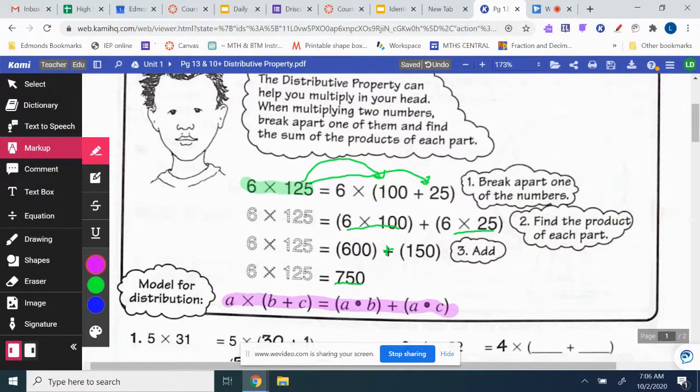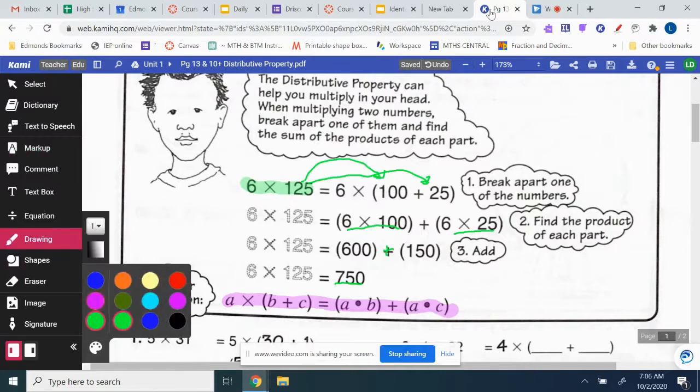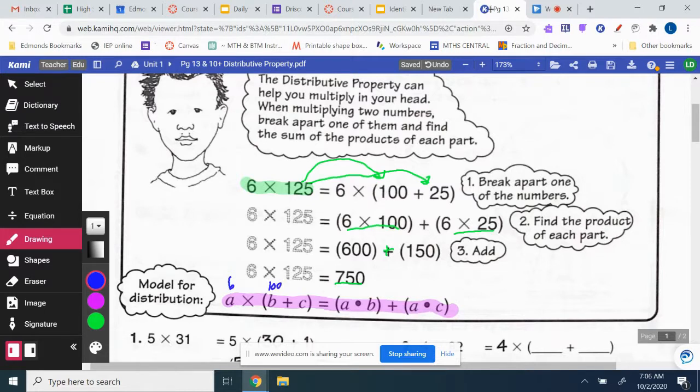So if we were to write this with numbers, we'd have 6 times (100 plus 25) equals 6 times 100 plus 6 times 25. And it's going to give you the same answer.